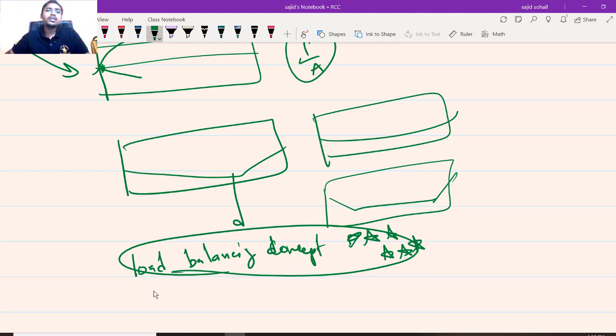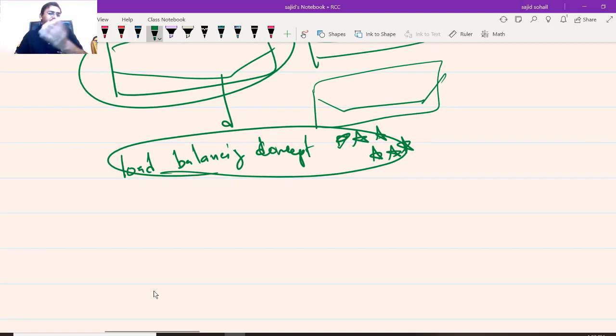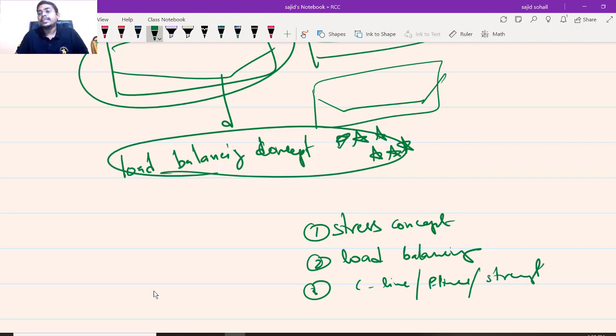Okay, now you understood what the advantage of varying eccentricity is. To find out the stresses induced in the beam when I have varying eccentricity, I have three concepts in which I can solve the question. First one is the stress concept, second one is the load balancing concept, and third one is the C-line concept, P-line concept, or you can also call it the strength concept.